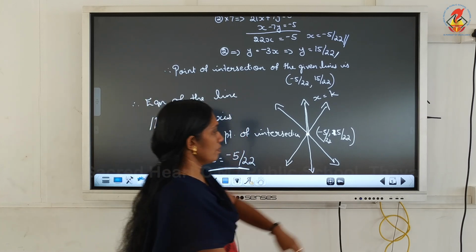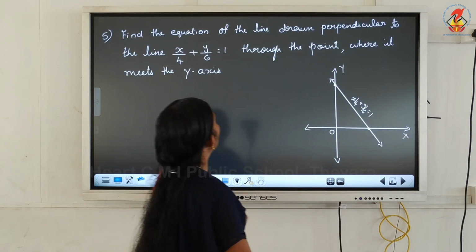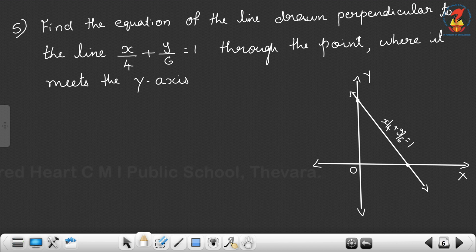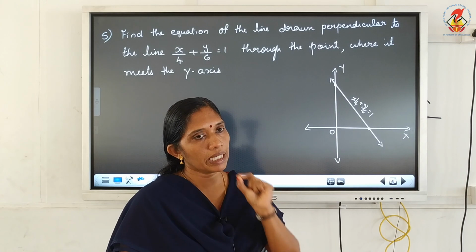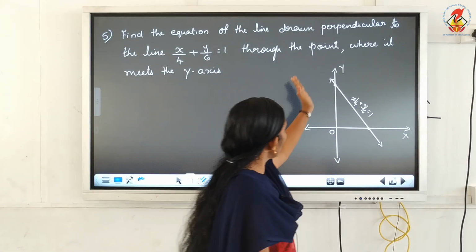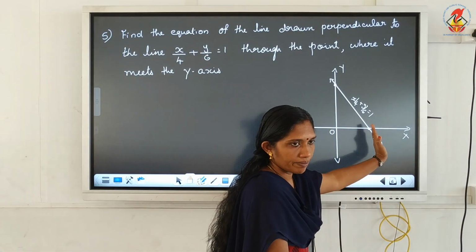The next one. Find the equation of the line drawn perpendicular to the line through the point where it meets the y-axis. So x by 4 plus y by 6 is equal to 1, that is in the intercept form, x by a plus y by b equal to 1. So we can draw the line like this, isn't it?